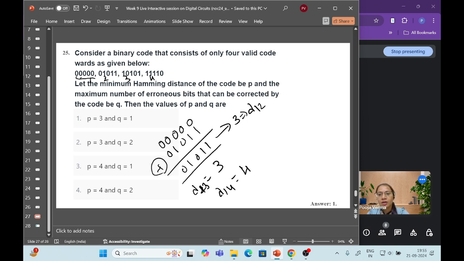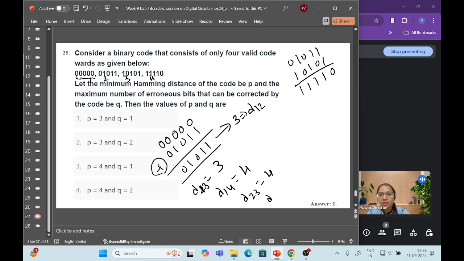Now check for 2, 3. What is the Hamming distance between 2 and 3? 0 1 0 1 1 and 1 0 1 0 1, so 1 1 1 1 0. So here it is also 4.